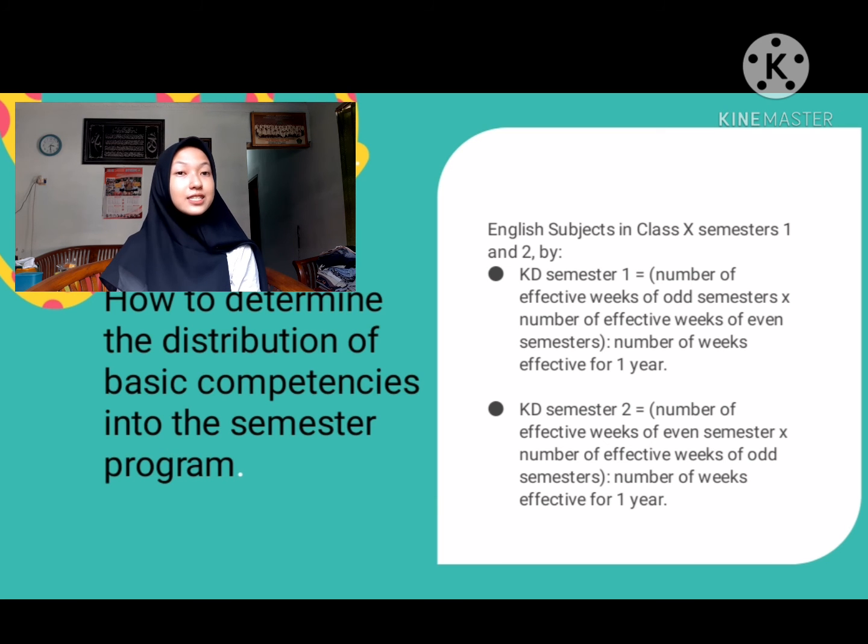For the English subject in class 10, semesters 1 and 2: for basic competency in semester 1, the number of effective weeks of 1 semester times the number of effective weeks of 2 semesters, divided by the number of effective weeks for 1 year. And for basic competency in the second semester, the number of effective weeks of the second semester times the number of effective weeks of 1 semester, divided by the number of effective weeks for 1 year.